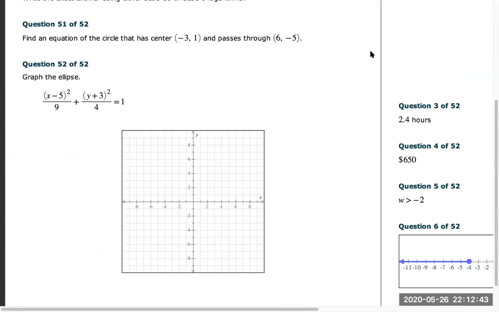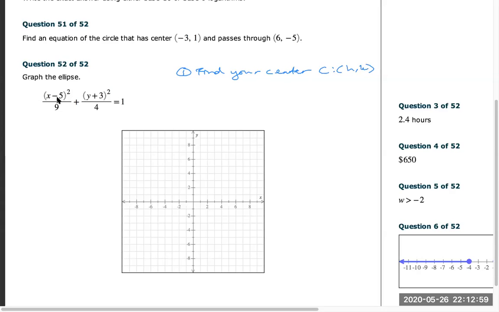Okay, so your first step for this problem is to find your center, C, which is at (h, k).